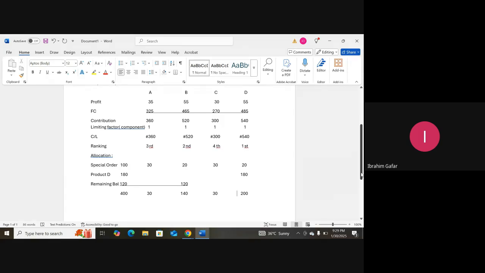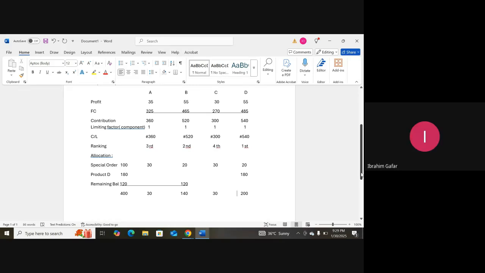From that 300, we allocate 180 to D. If you remove 180 from 300, remain 120. So that's how we got the 120. Is it clear? Thank you very much, sir.